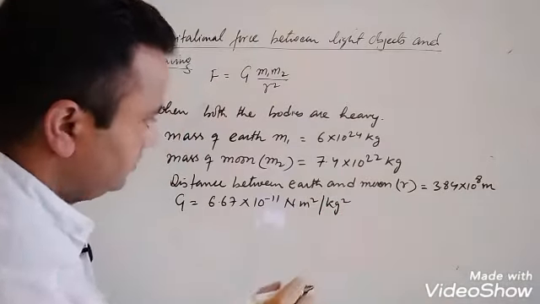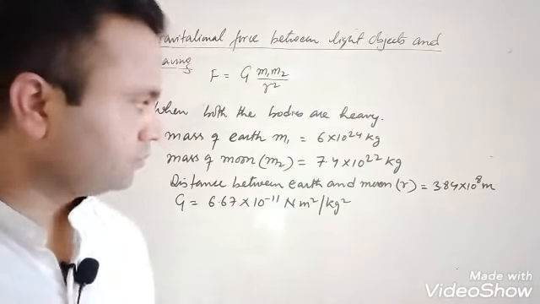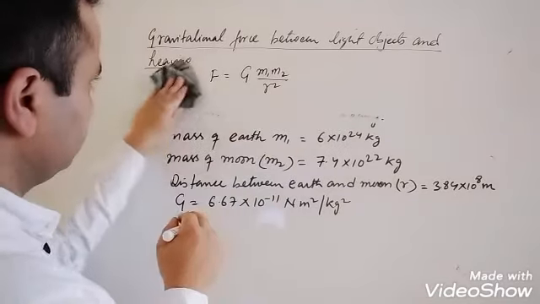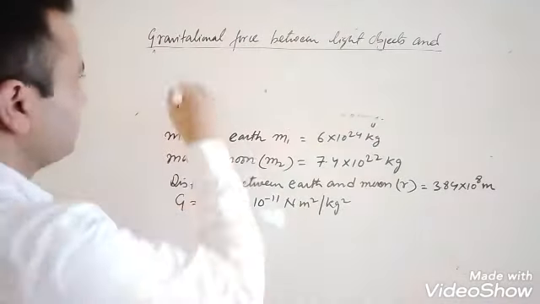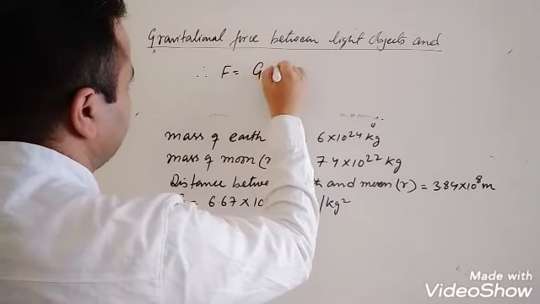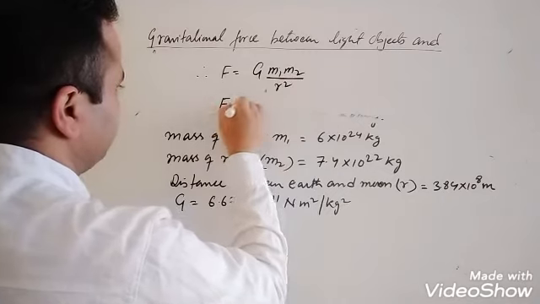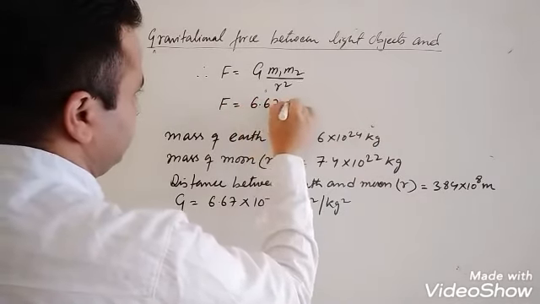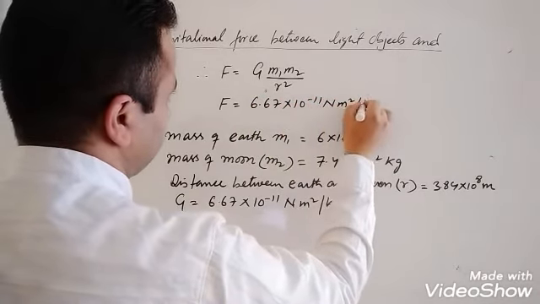Now first you have to put the values in the formula. Therefore F equals G M1 M2 divided by R square. So F equals, what is the value of G? 6.67 into 10 to the power minus 11 Newton meter square per kg square.